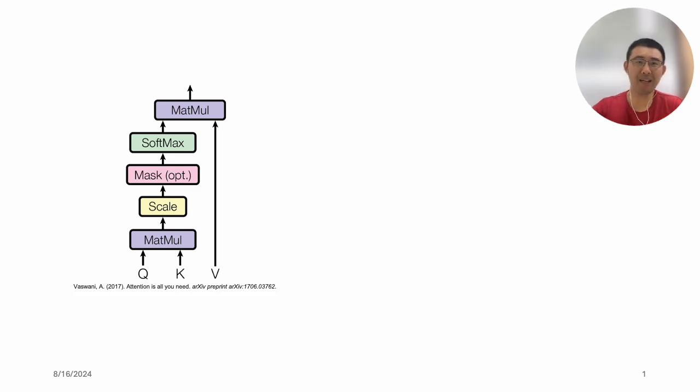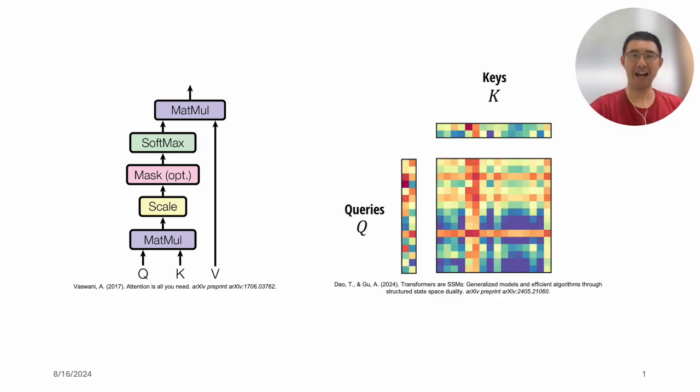But at the same time, that does not come for free, because to find those correlations or interactions, I have to query every token in the sequence to every other token in the sequence. And in doing that, the computational complexity is high.